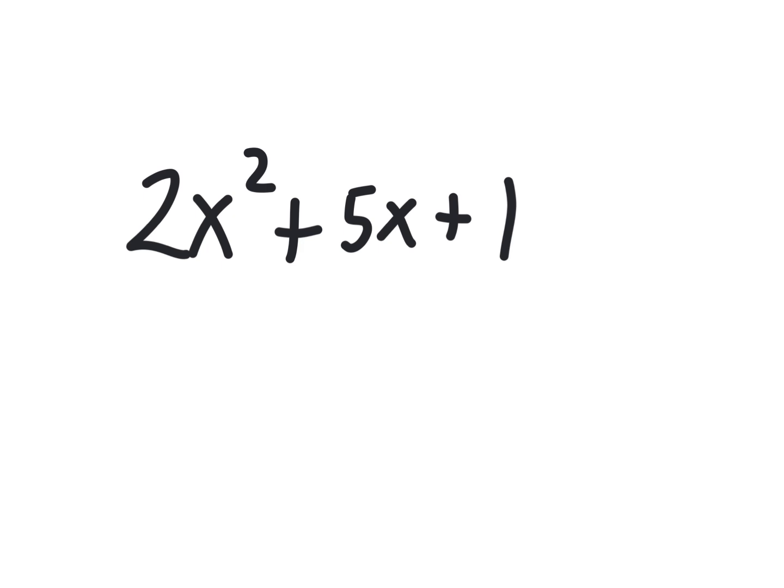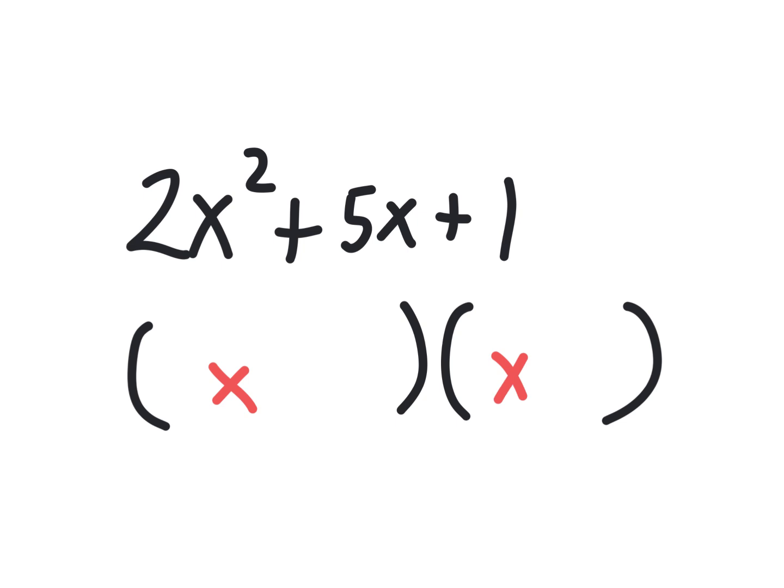Got that copy down? You always start with your framework, parentheses like that, and then x and x, but you'll quickly realize that's not enough. x and x won't work because it only makes x squared, and I want 2x squared.